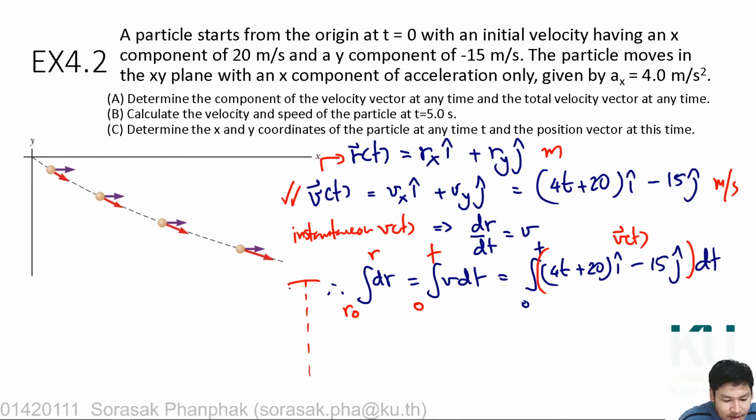So you do integration of this term, you get r with limit r0 to r equal to this integration: 4t squared, divided by the factor of this integration, and don't forget to put the limit from 0 to t, and plus 20t from 0 to t, and this is in the i component.